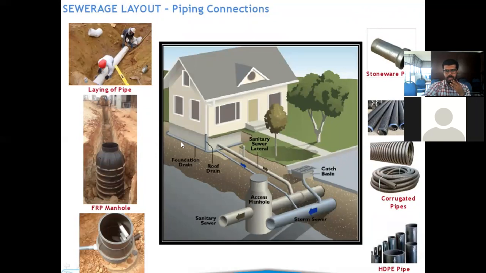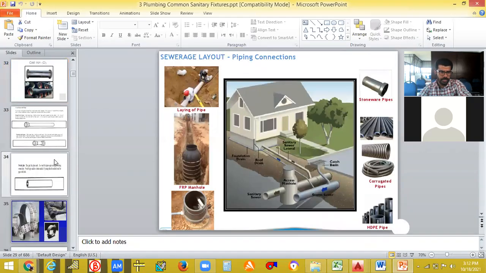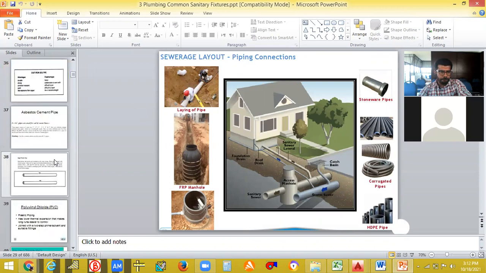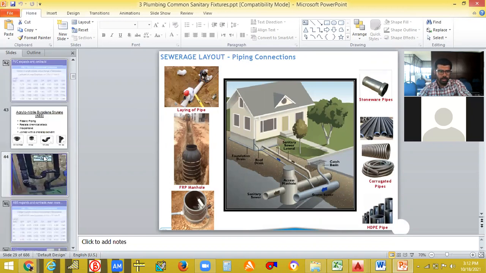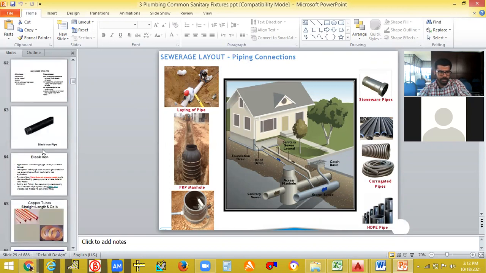These are the rainwater pipes you get from your roof catchment areas, and it will go into another stormwater pipe. Those are the important things. These are all about different pipes. So some important things.